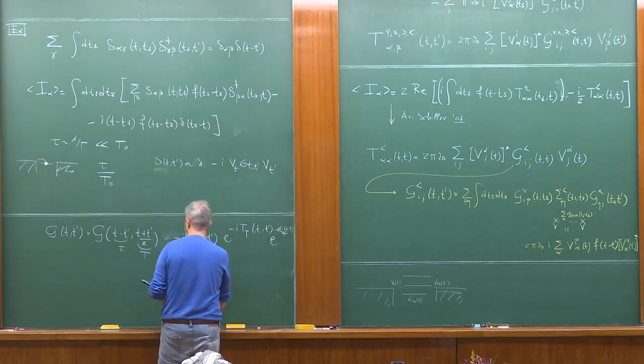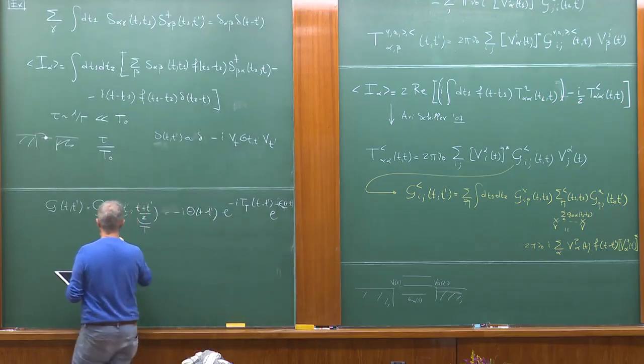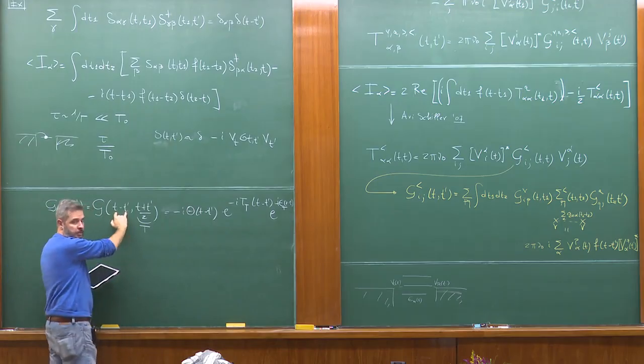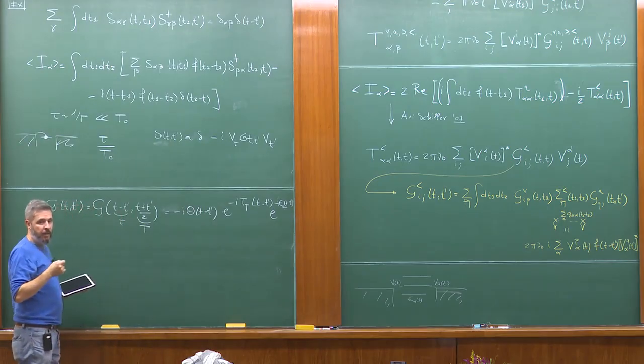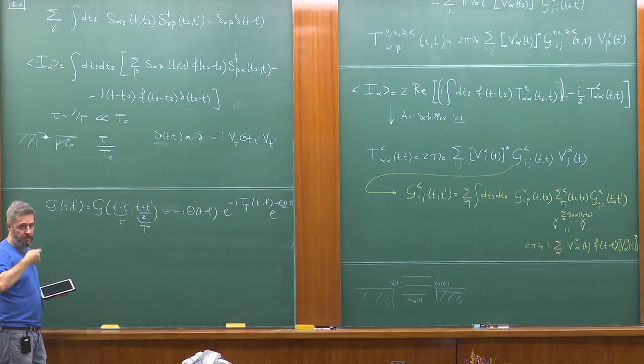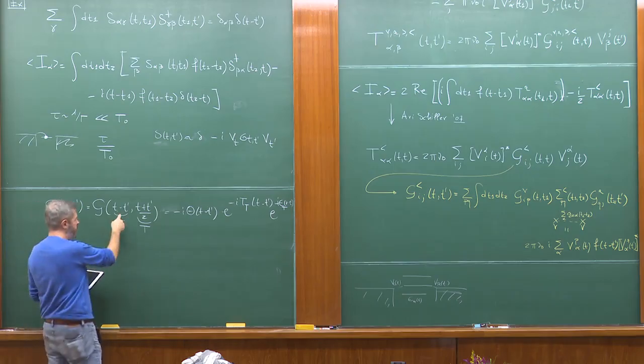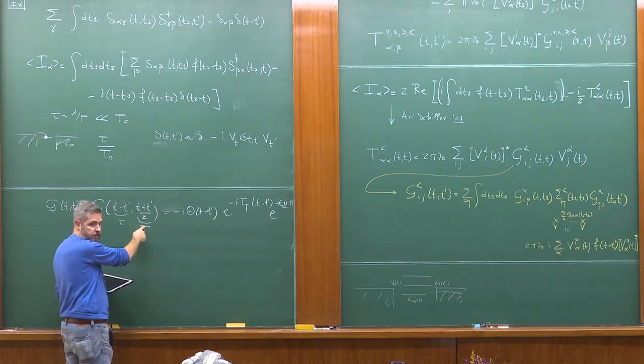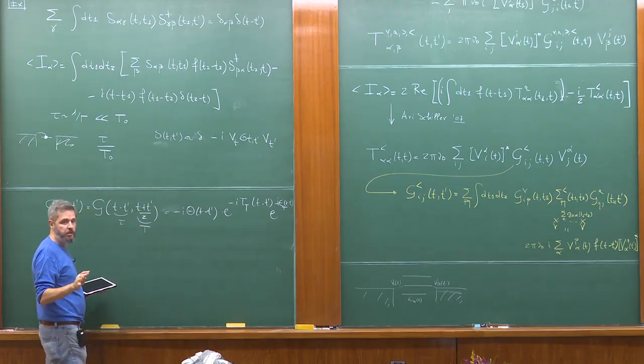Okay, so all I wanted to say, therefore, is that this green function, you can expect it to have a fast time dependence on the difference and a slow time dependence on the average. And now we want to exploit this. How?